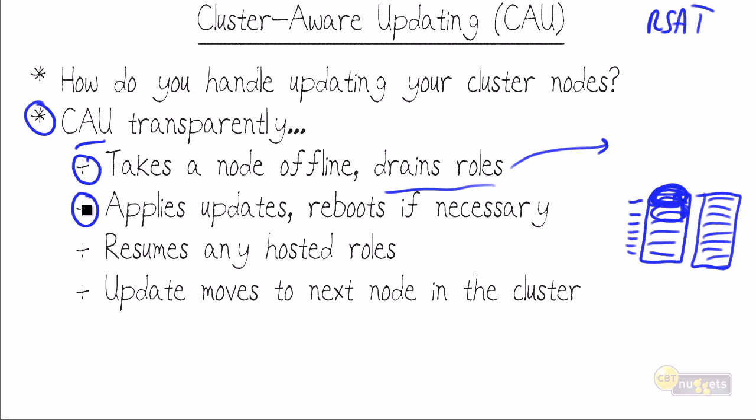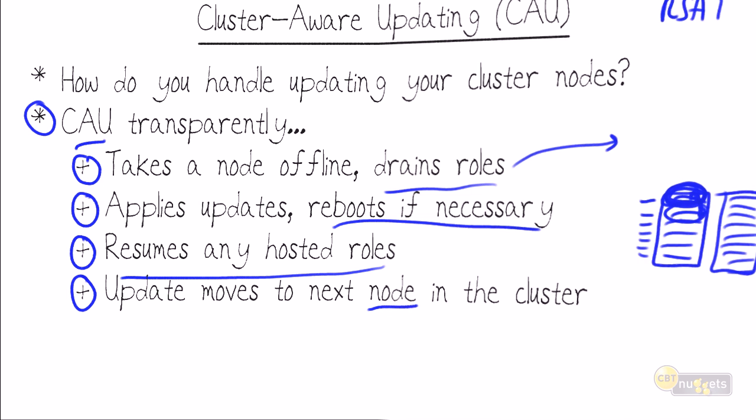It will apply updates from Microsoft Update or Windows Server Update Service if you have that, reboot if necessary, come back online, automatically reclaim any of its hosted roles, and then we roll on to the next node. Isn't that awesome? That is all there is to it. Now, there's a lot under the hood technically that's beyond our scope, but it literally is that easy, and I'll make sure to show you that in our demo.